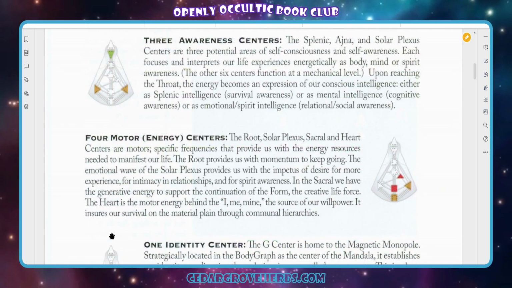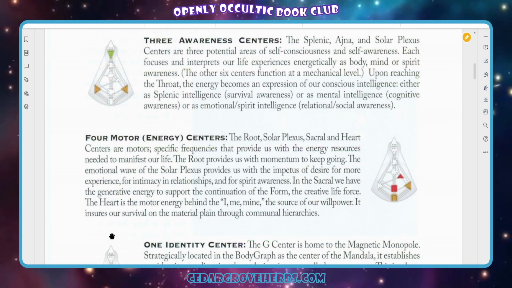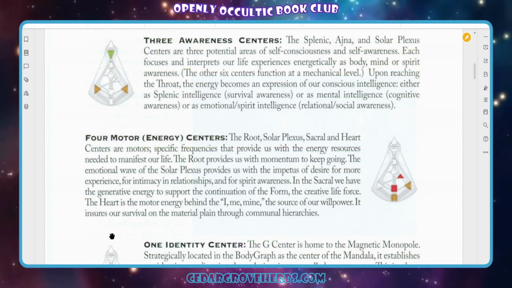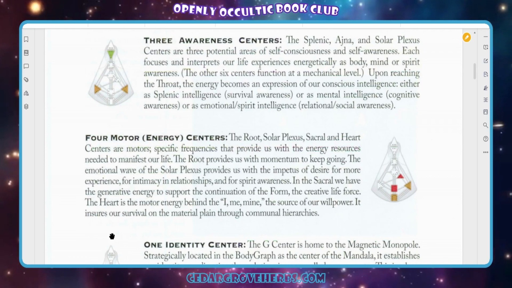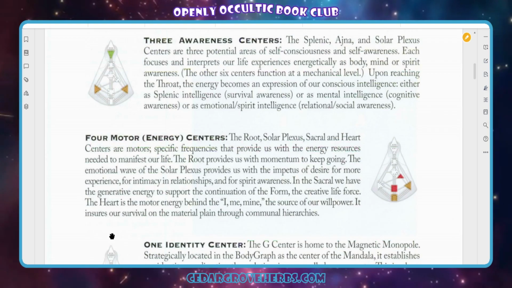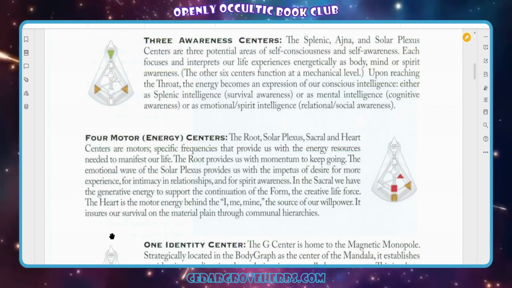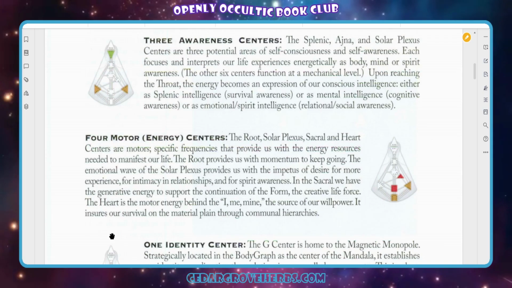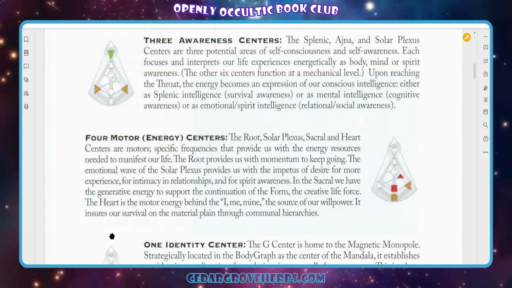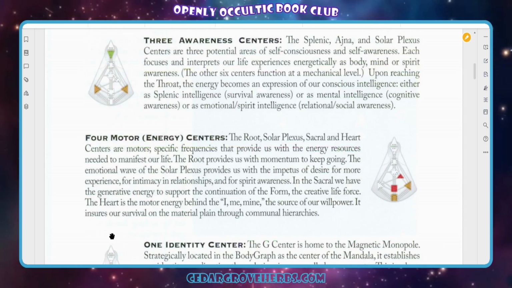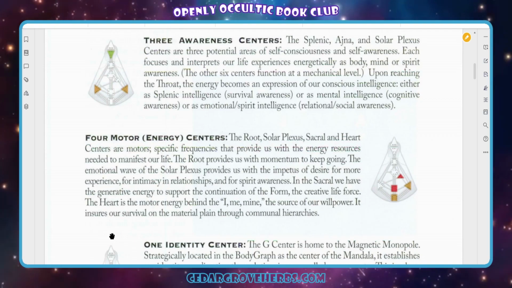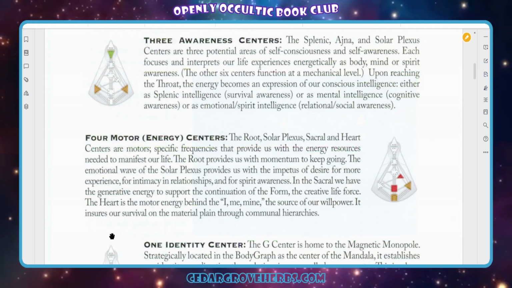There are four motor or energy centers. The root, solar plexus, sacral, and heart centers are motors, specific frequencies that provide us with the energy resources needed to manifest our life. The root provides us with momentum to keep going. The emotional wave of the solar plexus provides us with the impetus of desire for more experience, for intimacy in relationships, and for spirit awareness.